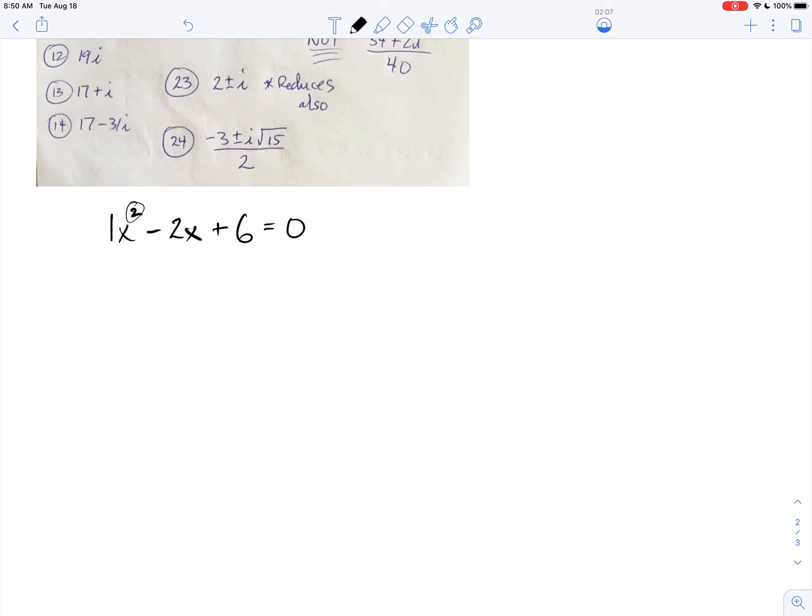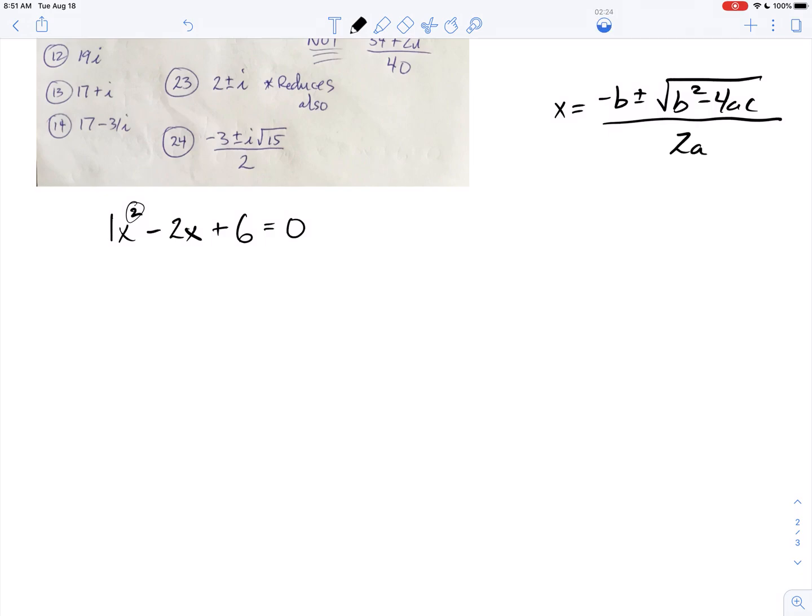And hopefully the quadratic formula is burned into your brain by now. But if it is not, let's see. There we go. That is what I'm going to use.